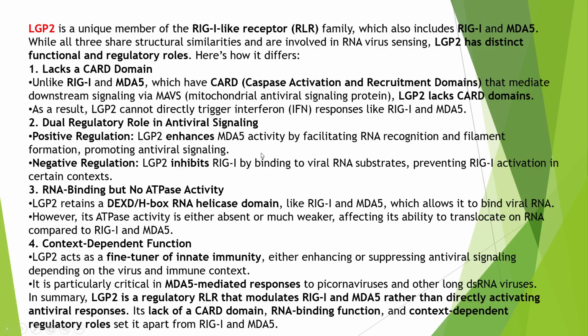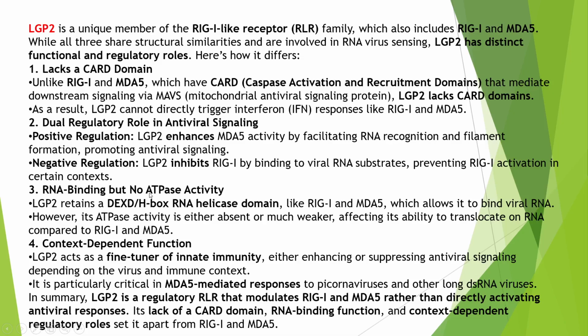Negative regulation is that it inhibits RIG1 by binding to the viral RNA substrates. This will prevent RIG1 activation, depending on the substrate, viral entry and other conditions.